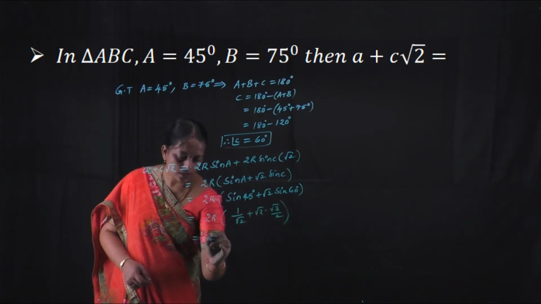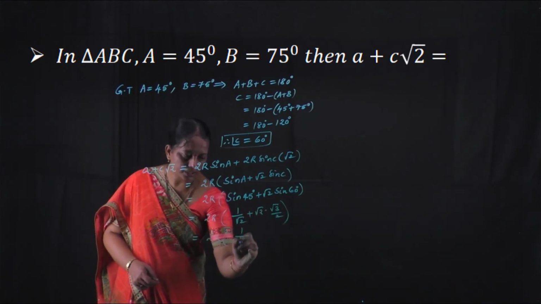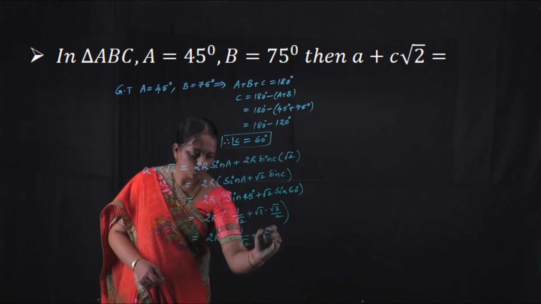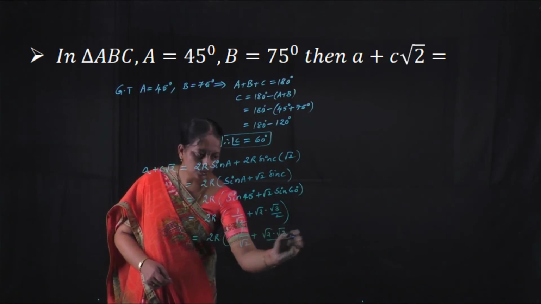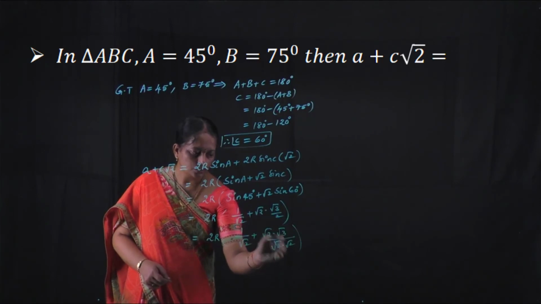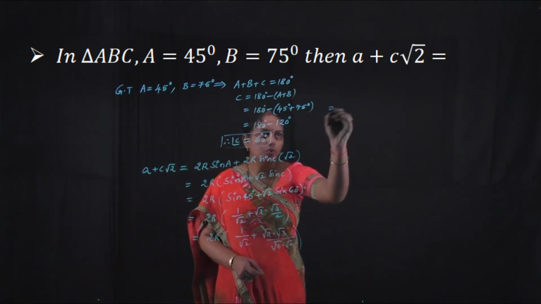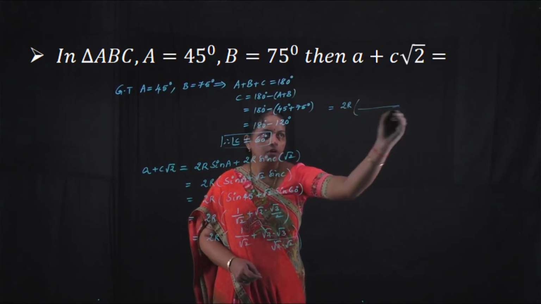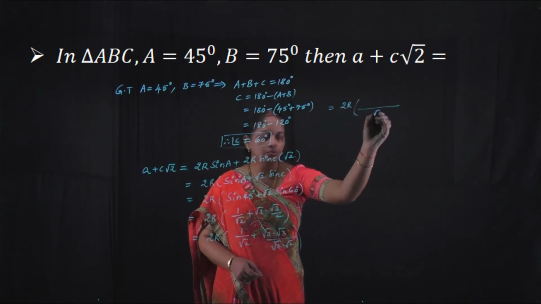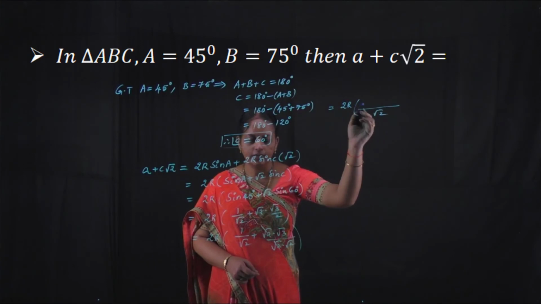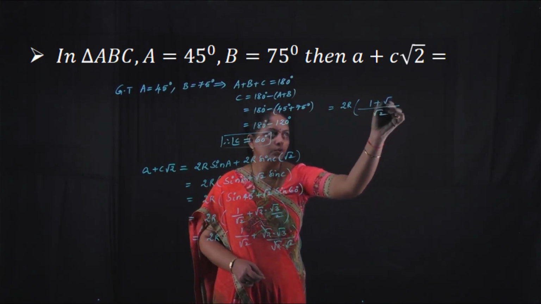So this is equal to 2R into 1 by root 2 plus root 2 into root 3 by 2. Root 2 can be written as root 2 into root 2. So here root 2 gets cancelled, and then by taking LCM we get 2R into, taking the LCM as root 2, in numerator we get 1 plus root 3.